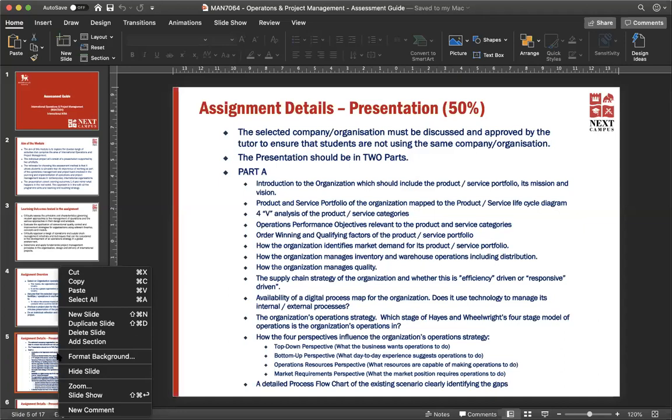Next one is your digital process map. Does the organization have an ERP system? Or is it still using manual systems, or just desktop versions of Excel and so on? So you need to look at that. Does it have a digital strategy?